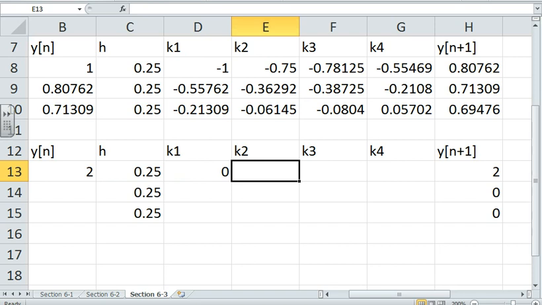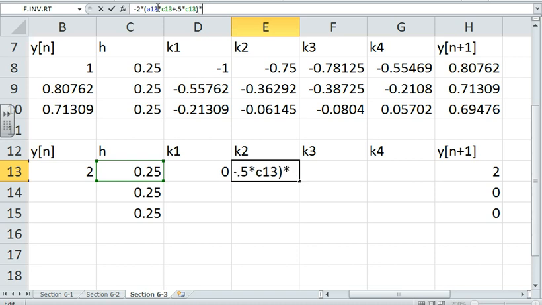Okay, K2 is minus 2 times the x guy, A13 times C13 plus 0.5 H C13. Oh, we're done.